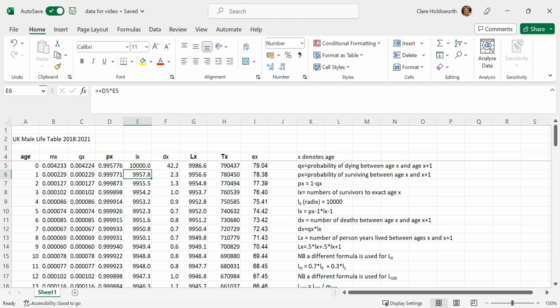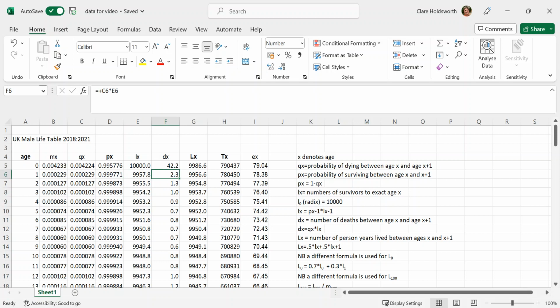Okay, so there were 9,957.8 people alive at age 1, and there were 9,955.5 people alive at age 2. So in total, that's the number of people who survive from age 1 to age 2. We also know that 2.3 people died during that age.